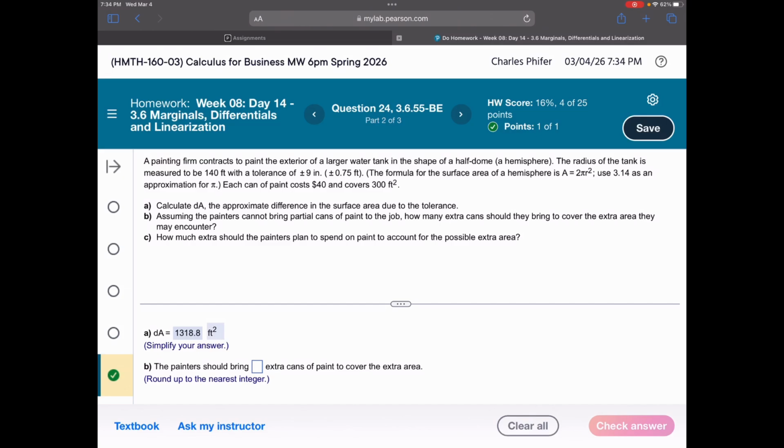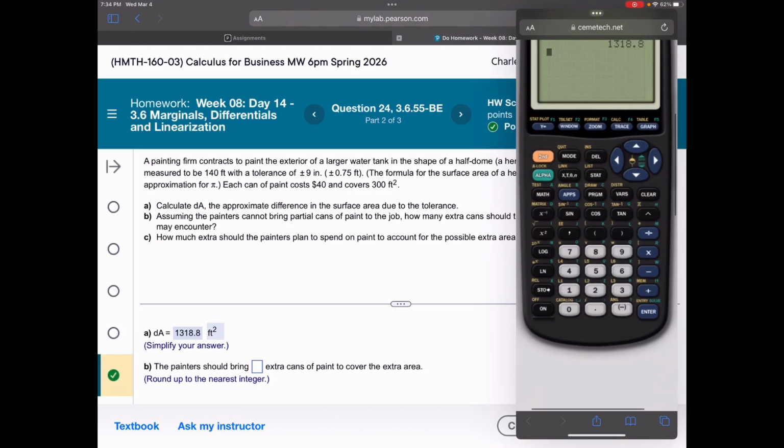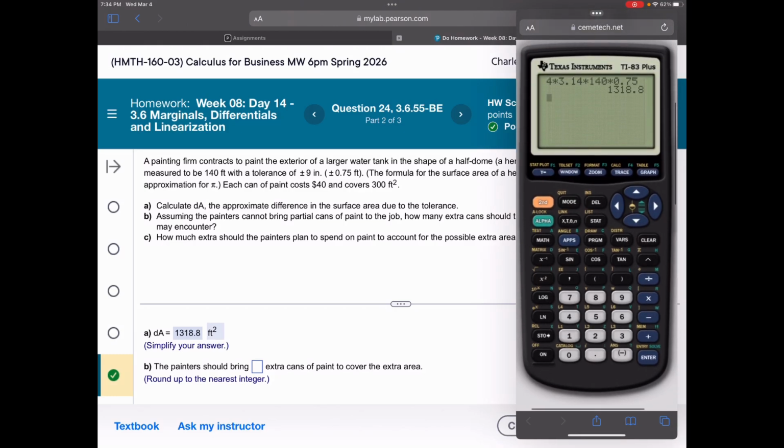So then for the painters, how many cans of paint? We're working with 1318.8 square feet, and each can of paint covers 300 square feet. 4 times 3 would be 1,200, but that's not enough to cover everything. 5 times 3 would be 1,500.